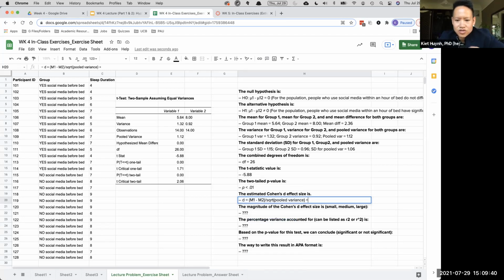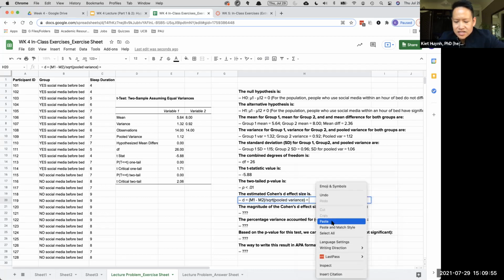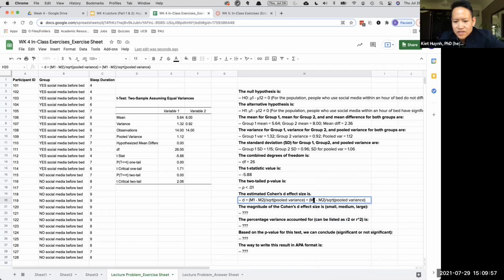All right, let's fill this in. d equals the mean of group 1 minus the mean of group 2 all over the square root of the pooled variance. What I recommend is just copy this and paste it here, and then replace these values.